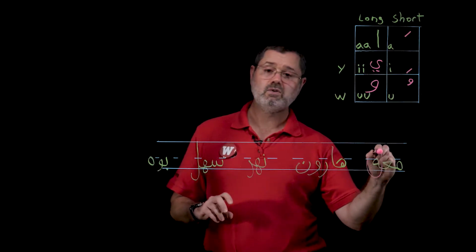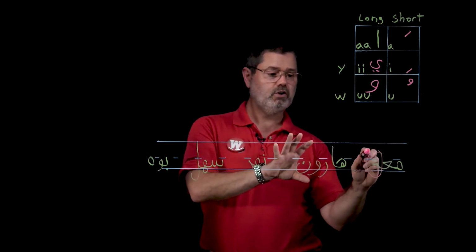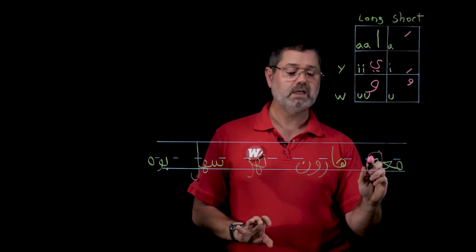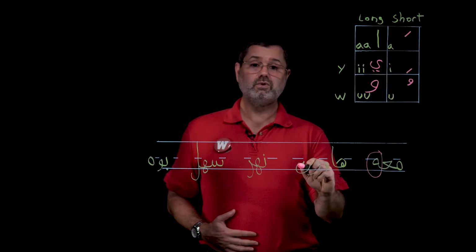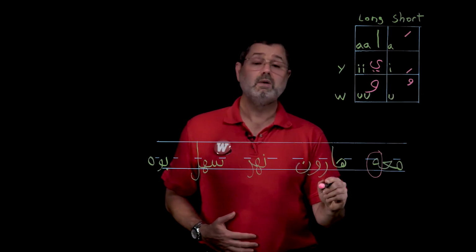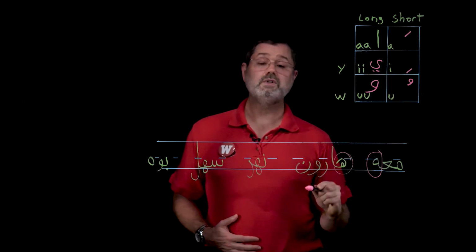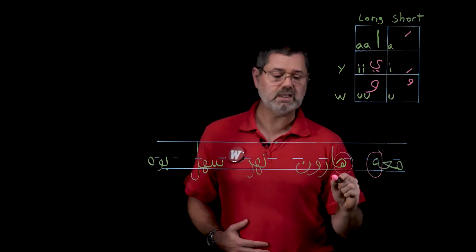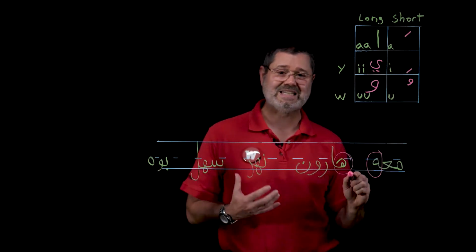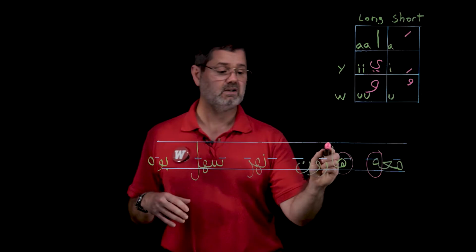Notice that sort of coming up over off the line a bit, that sort of turtle head shape to it. That's a final ha. Here's another word, Harun. It's a name, but where do we see the ha? Of course, it's right there at the beginning. This squiggly shape, and there's really nothing else that looks like this in the Arabic language. So when you see that, you know that is the ha.